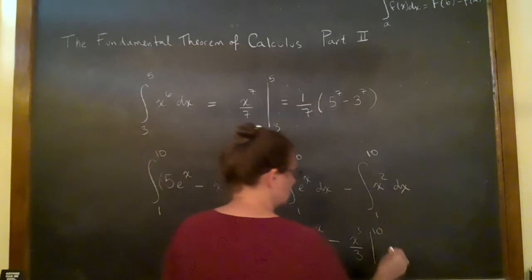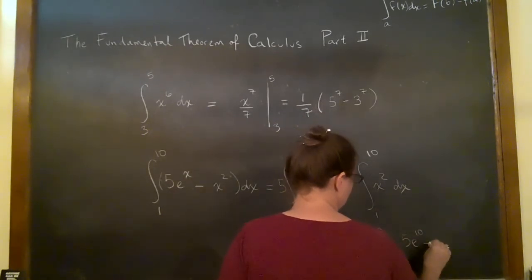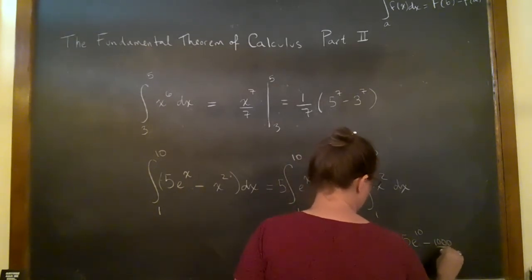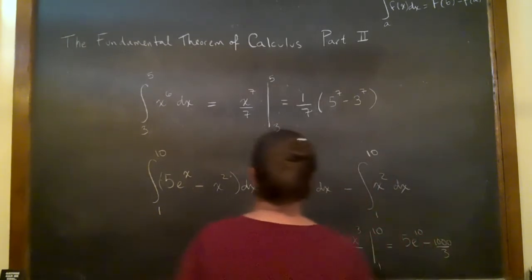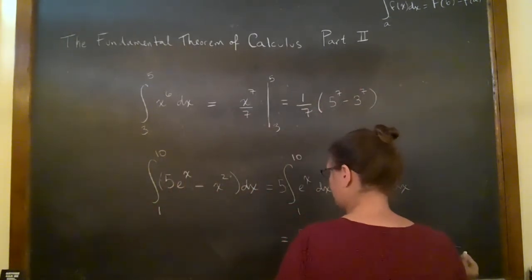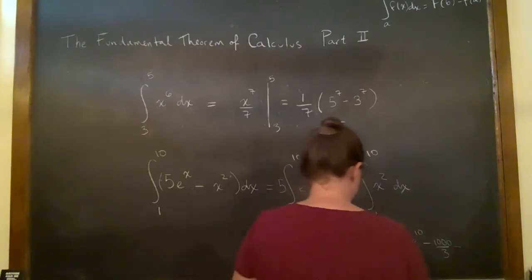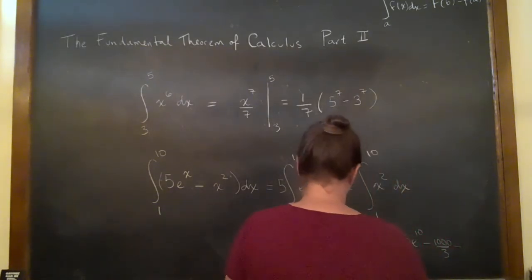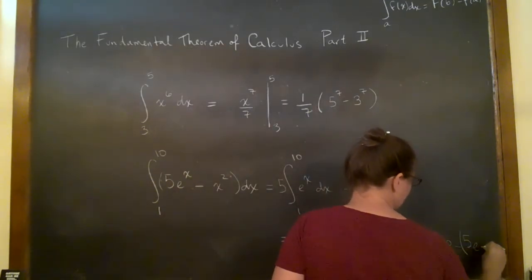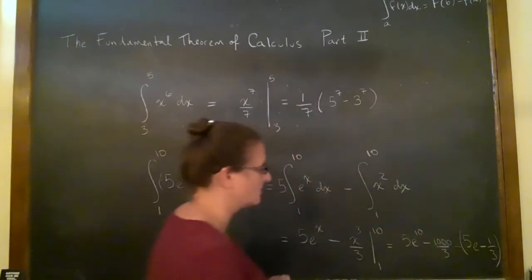Okay. So now I've got 5e to the 10 minus 1,000 over 3. And then I'm going to subtract. I'm out of space here again. You know what? We'll get 5e minus a third, right?